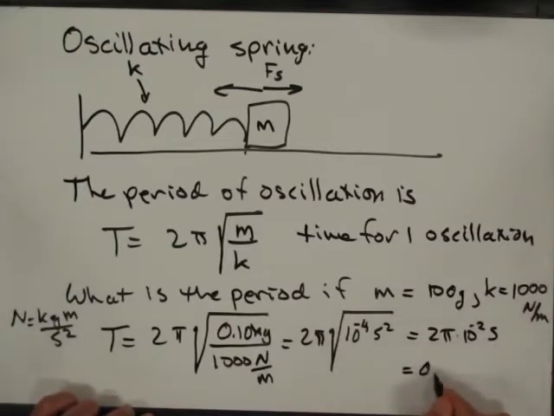And that's about 0.628. Let's see, sorry. The period is 0.0628 seconds. In other words, it's 2 pi, which is 6.28 times 10 to the minus 2 seconds.